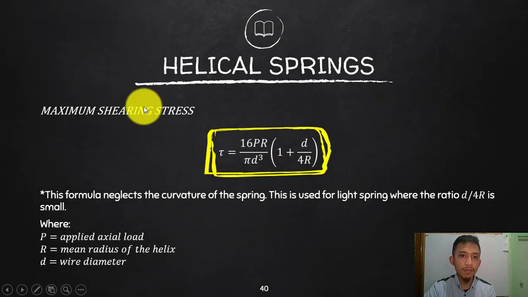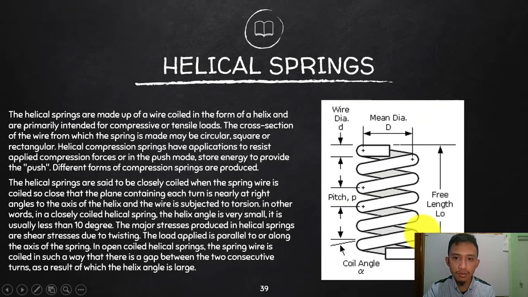So, maximum shearing stress on these helical springs. By the way, how do we end up here with a shear stress? If I try to elongate, to stretch this helical spring, what happens? This will elongate, and the dimension of the circular pattern will be reducing, isn't it? And just imagine the particles of this wire, what will happen?